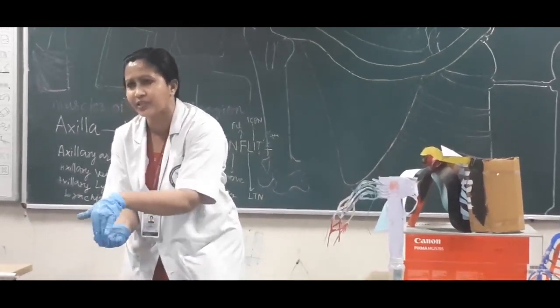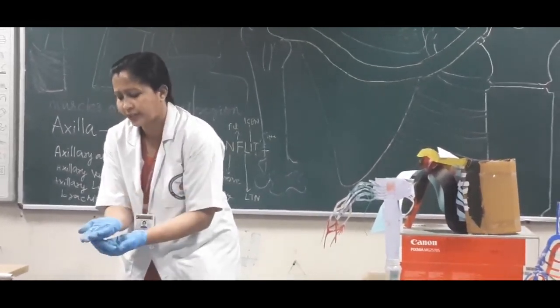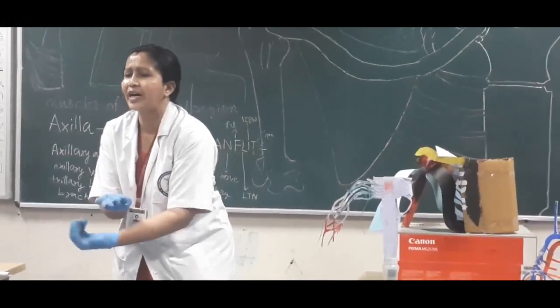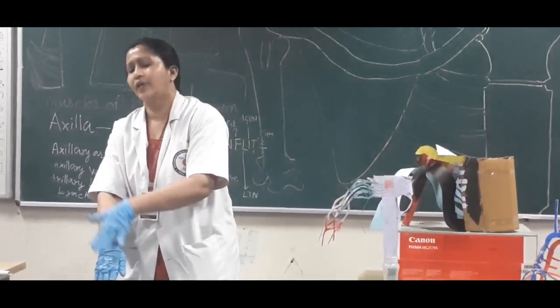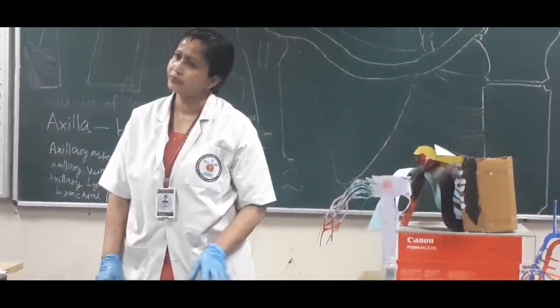The nail bed is supplied by the median nerve, so the radial nerve supplies the lateral 3.5 on the dorsal aspect, and the extensor muscles.